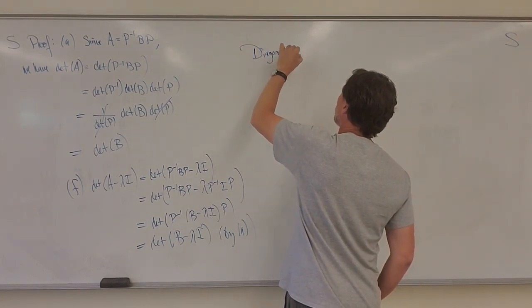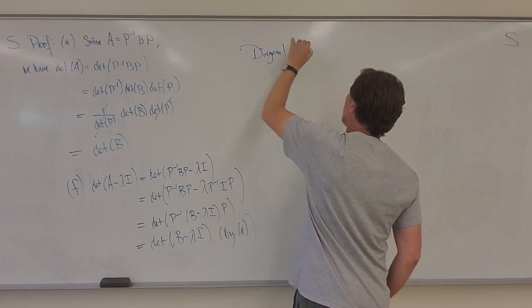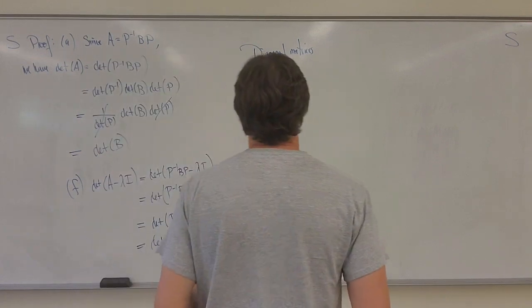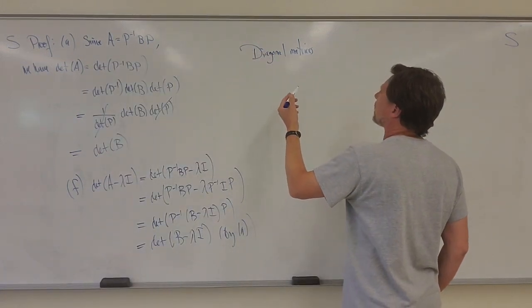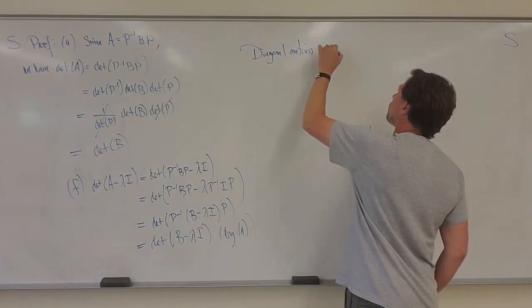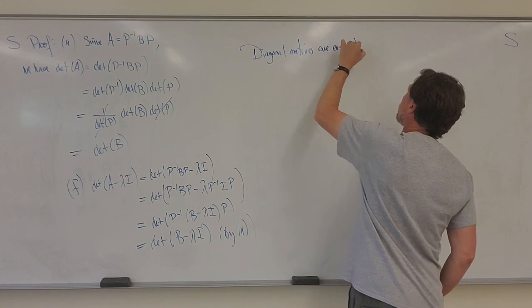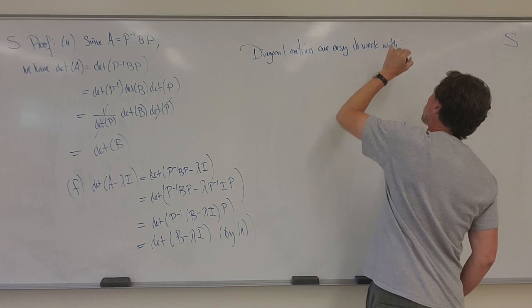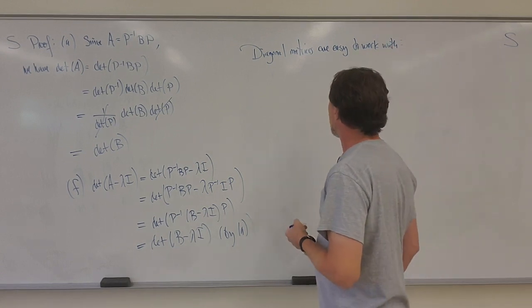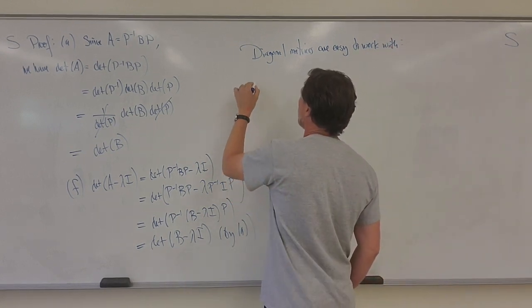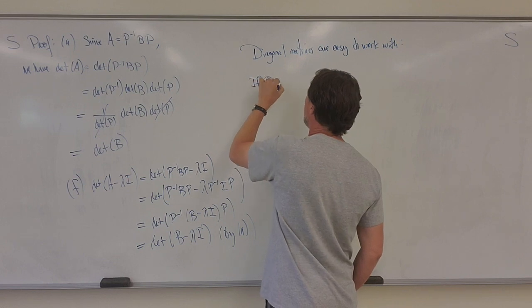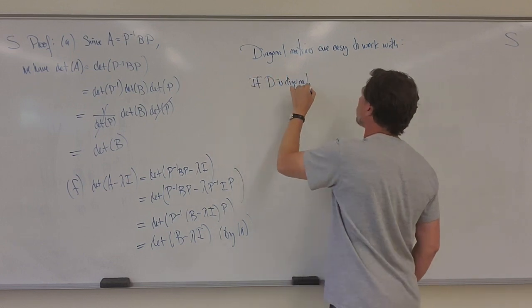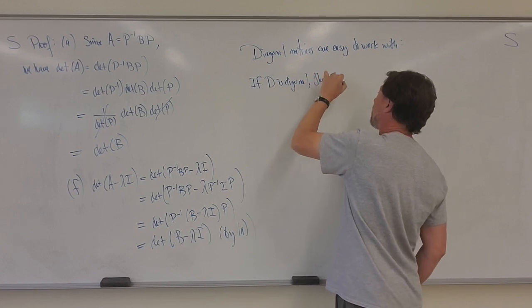Diagonal matrices are easy to work with. For example, if D is diagonal, then computing the determinant is nice.